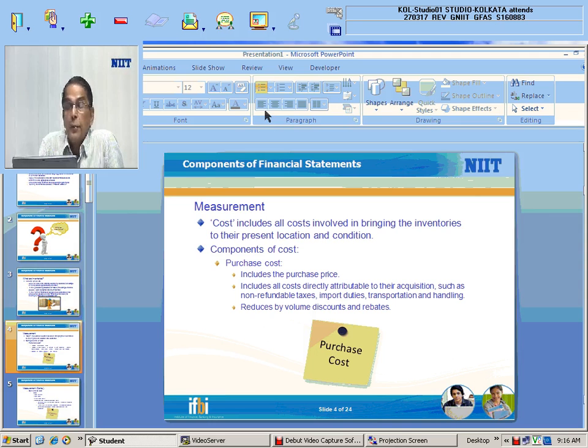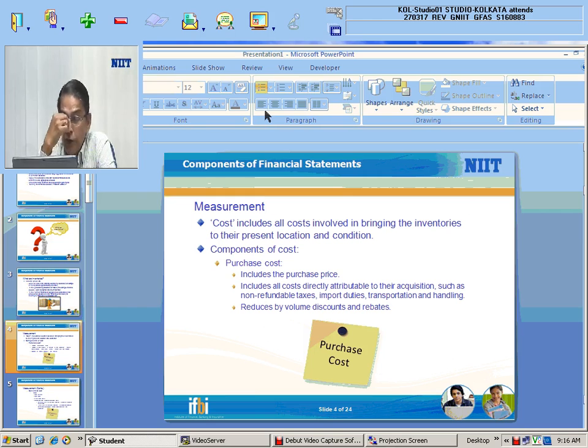Through the process of production, certain costs are incurred during the conversion of the raw material to the finished goods. That is cost of conversion. That's why cost includes all costs involved in bringing the inventories to their present location and condition. To bring the inventory to their present condition, that means from raw material the inventory has been converted to finished goods. The cost involved in the conversion process is incurred for bringing the raw material to the finished goods state.